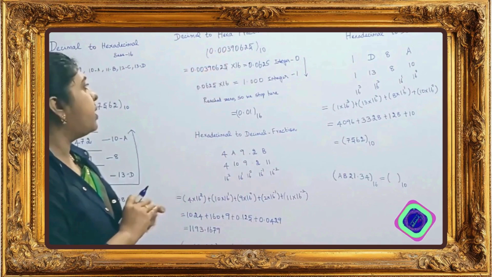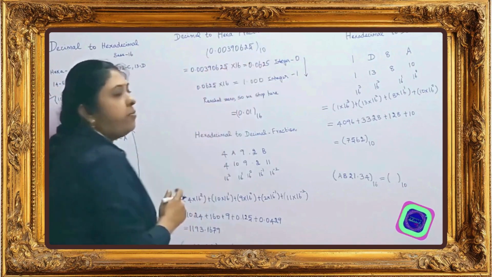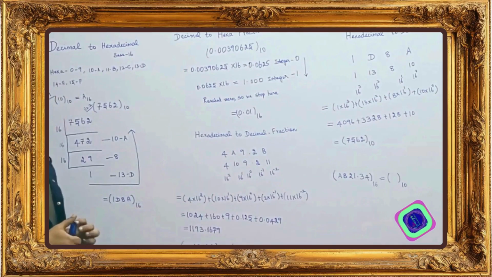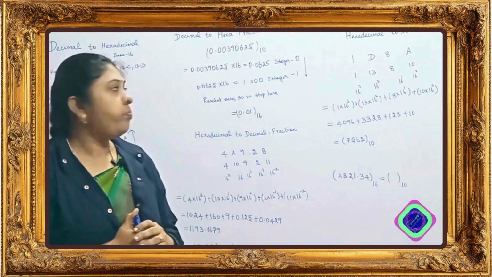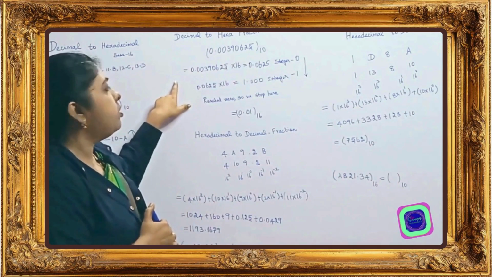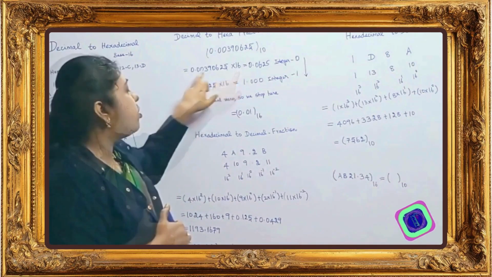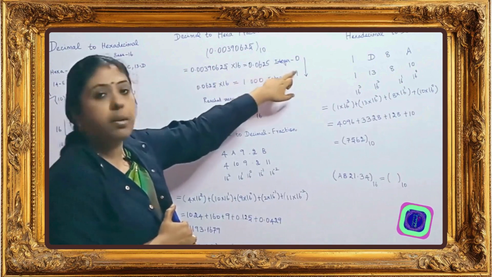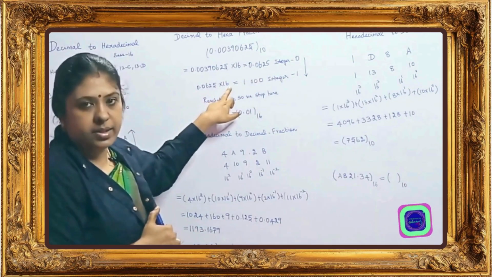Consider this decimal number 0.00390625 to the base of 10. The basic idea here is we have to multiply the fractional number by 16, since we want to convert it into hexadecimal. The integer part we get is noted, and the fractional part is again multiplied by 16.